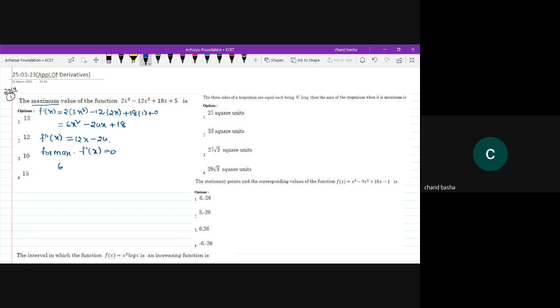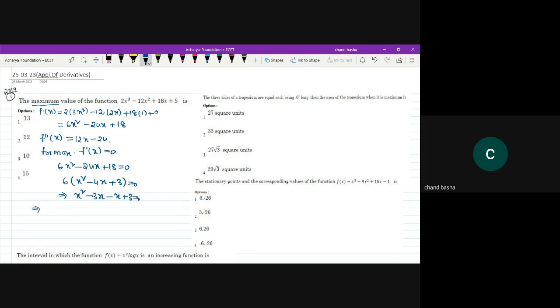It should be 6x square minus 24 times x plus 18 is equal to 0. 6 will be common: x square minus 4x plus 3 is equal to 0. This implies x square minus 3x minus x plus 3 is equal to 0.